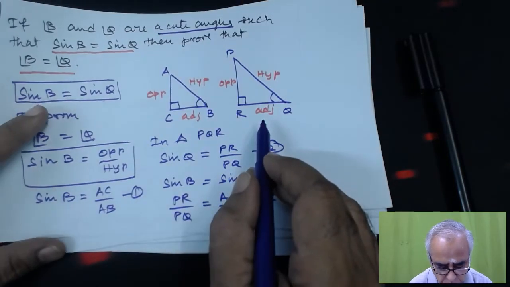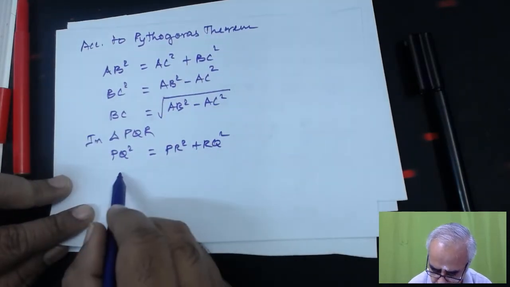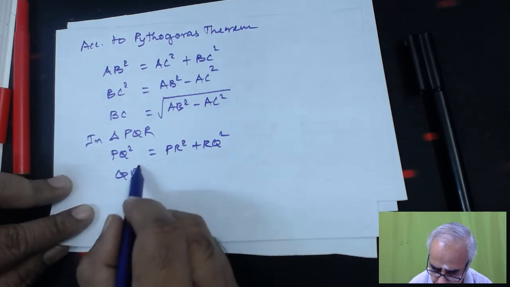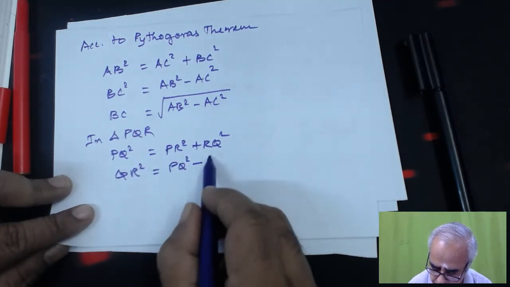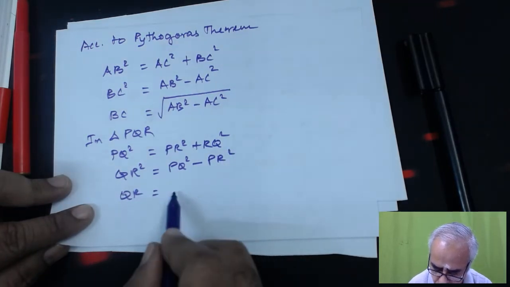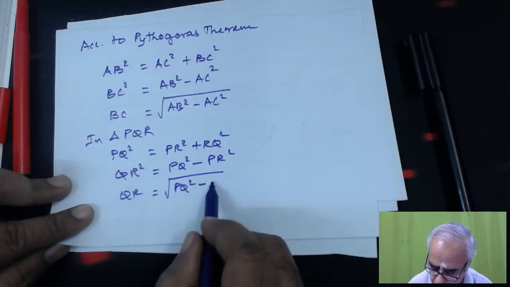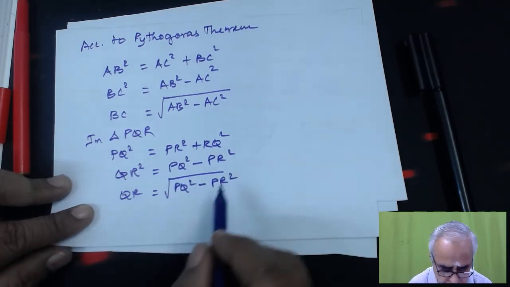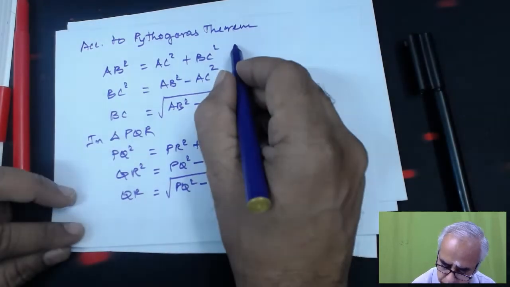And we are interested to know QR, and RQ and QR are both the same. So QR squared is equal to PQ squared minus PR squared. So QR is equal to, taking square root, the square root of PQ squared minus PR squared. Are you able to follow?